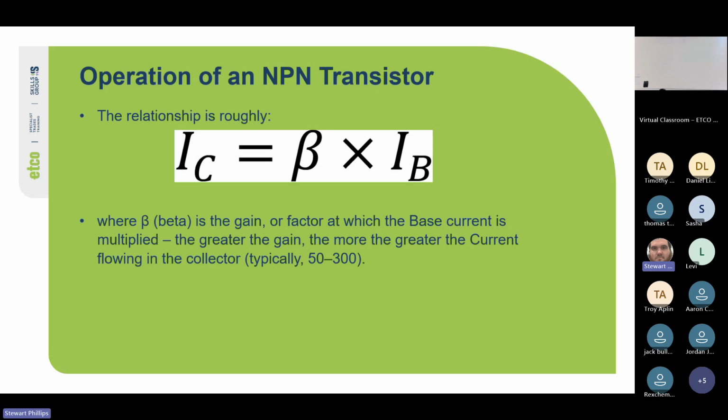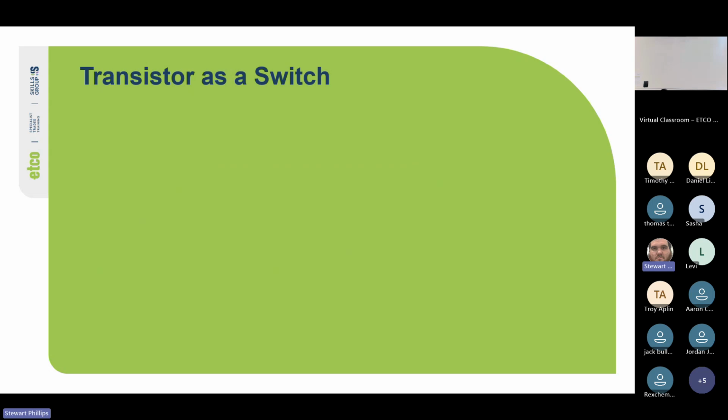So you can think of the base current as being like using a relay to switch a circuit, only instead of a simple on-off, we are using the relay as almost a current control device. So we can use it as a switch.